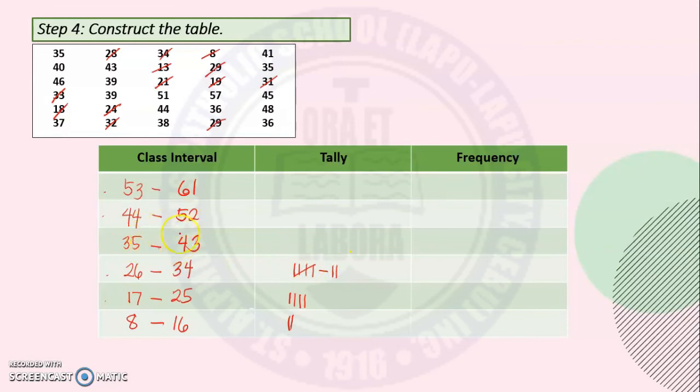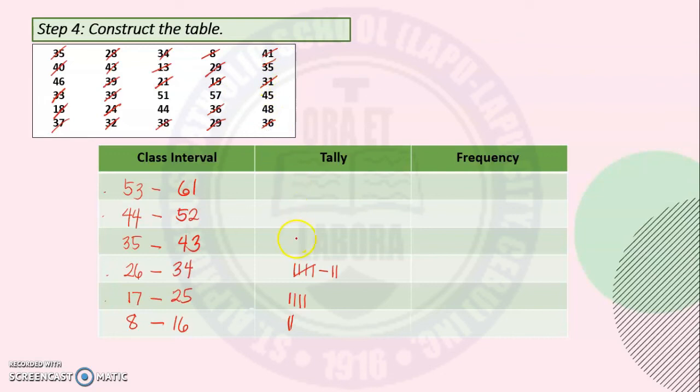Next, 35 to 43. So let's find 1, 2, 3, 4, 5, 6, 7, 8, 9, 10, 11.